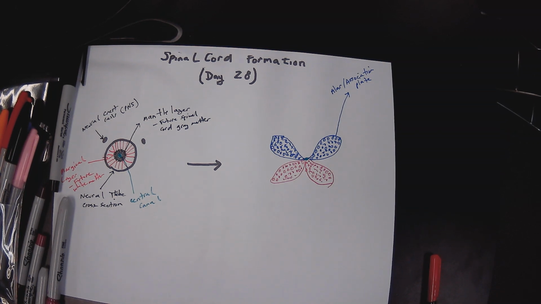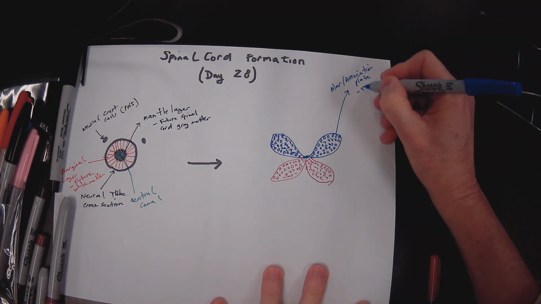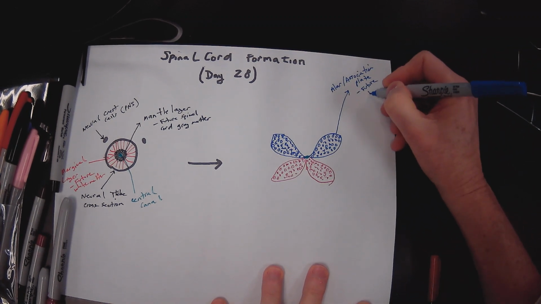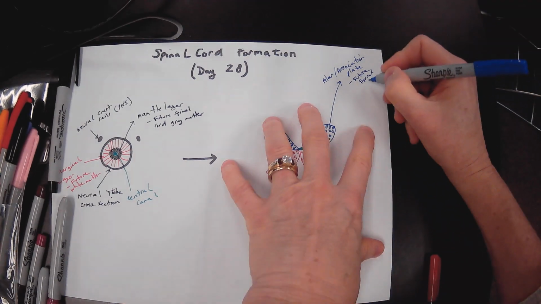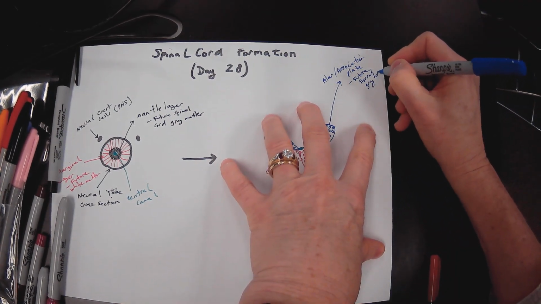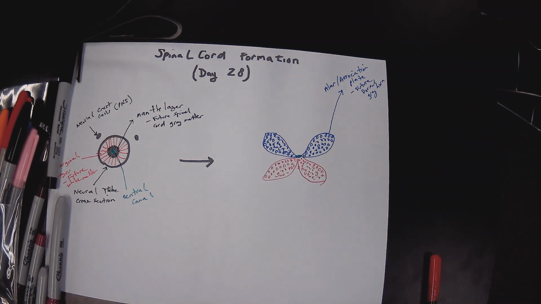And these are the future neuronal cell bodies in the dorsal gray horn. Okay, so your future dorsal gray horn stems from your mantle layer. Neuronal cell bodies in the mantle layer rapidly divide, become something known as your alar or association plate, which will eventually become your dorsal gray horn.